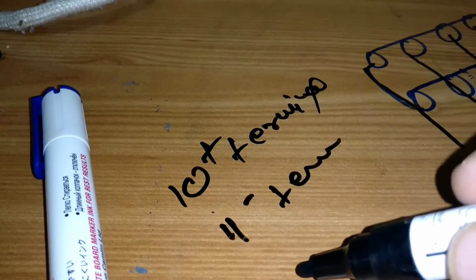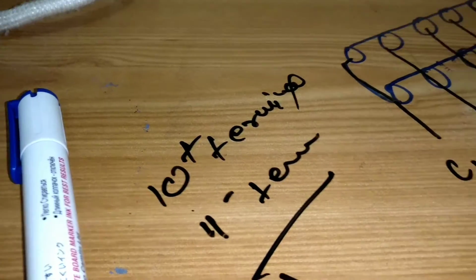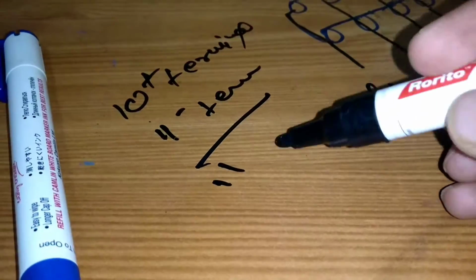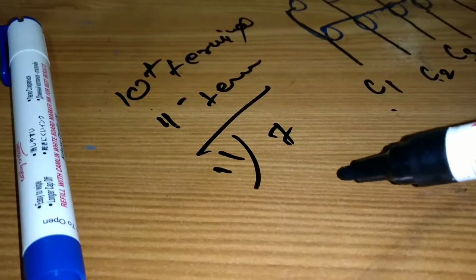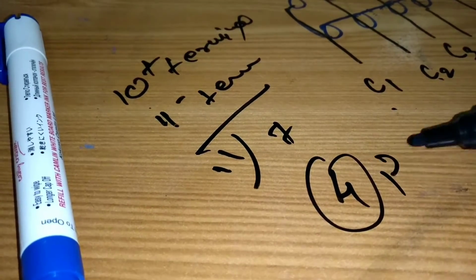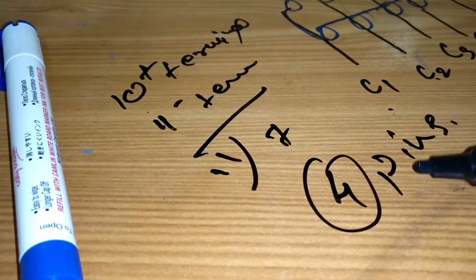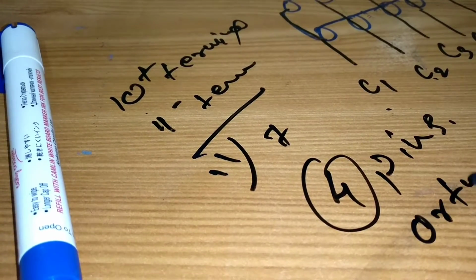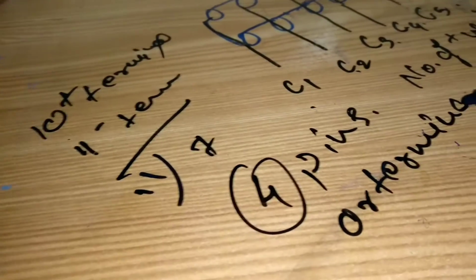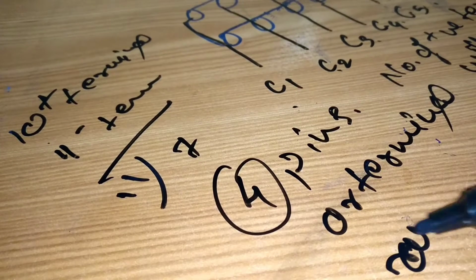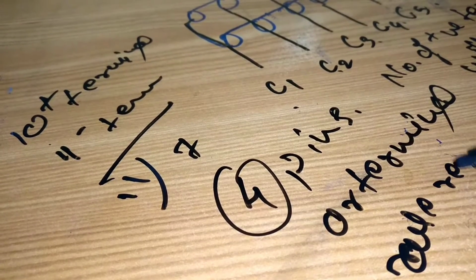Fine. So 11 were there, and now we have 7. So 4 pins or terminals are reduced.